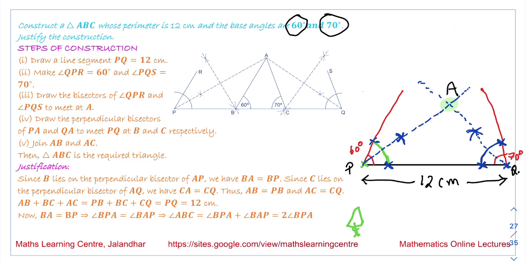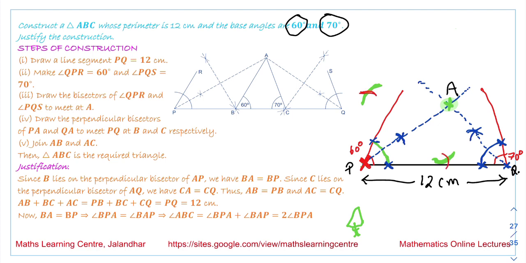Now in the next step we will draw the perpendicular bisectors of PA and QA. To draw the perpendicular bisector of PA, we keep the compass at this point A and mark an arc over here, an arc over here. These are the 2 arcs that we have drawn. Then by keeping the compass at this point P, we mark 2 arcs over here.